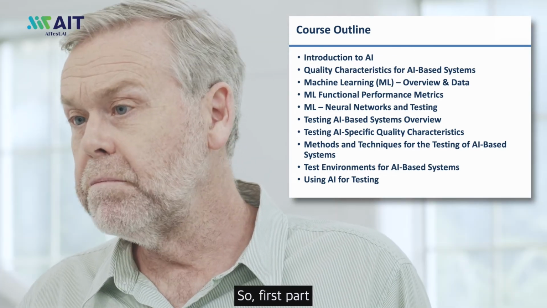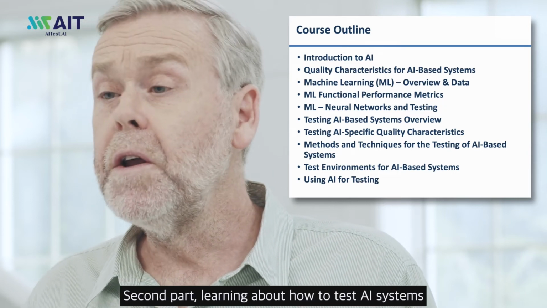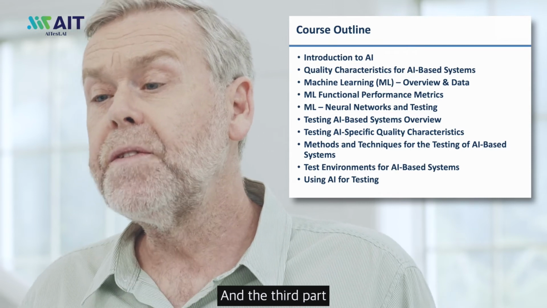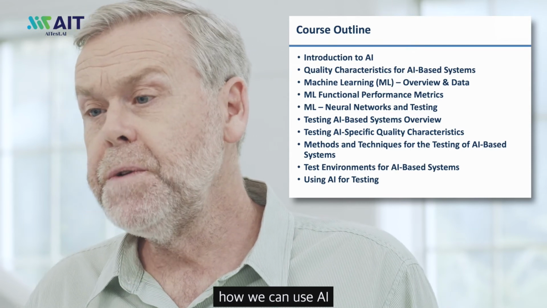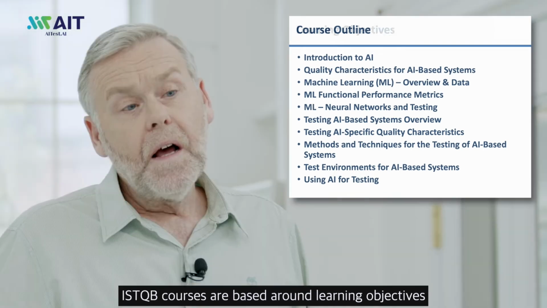So first part, learning about AI and machine learning. Second part, learning about how to test AI systems. And the third part, how we can use AI to actually support the different testing activities.